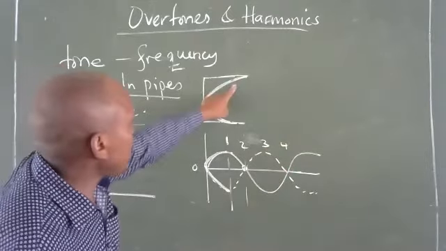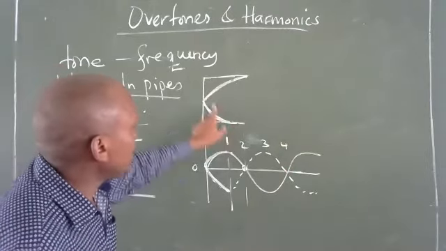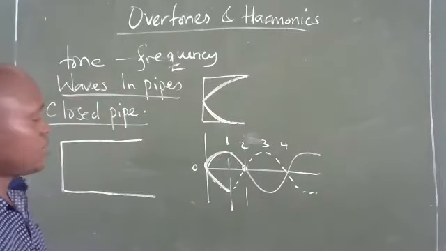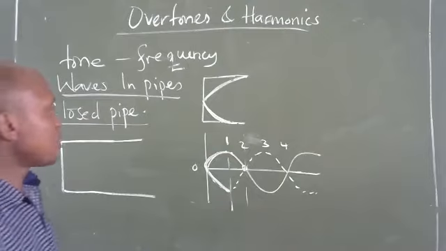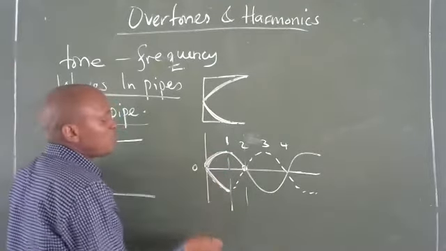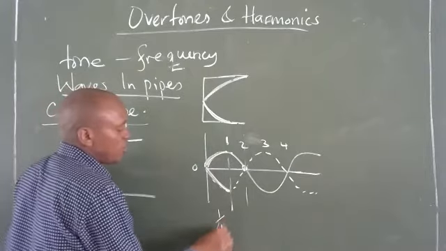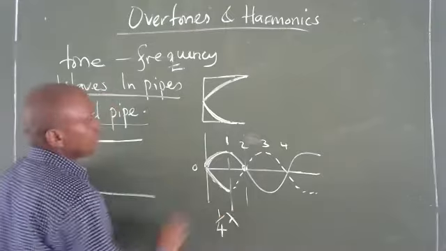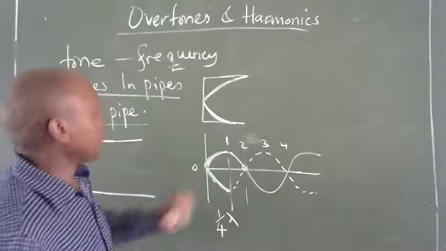When I look at this part, what does it compare with here? 0 to 1. Now 0 to 1, in terms of wavelength, is a quarter of a wavelength.